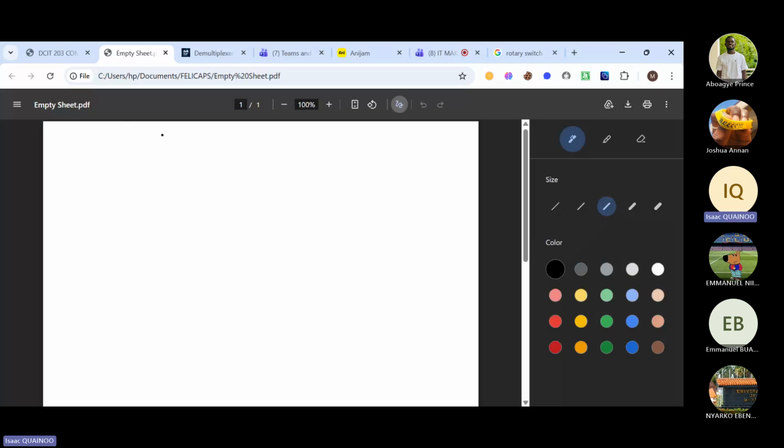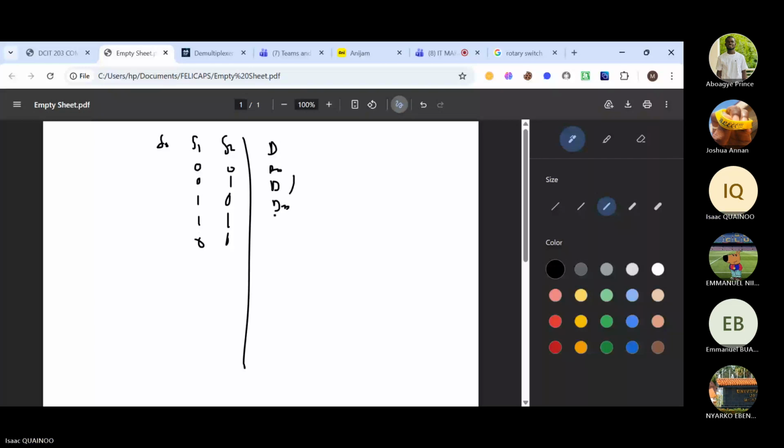So let's illustrate this. We have 3 select lines: S0, S1, S2. For D4 we have 1, 0, 0.